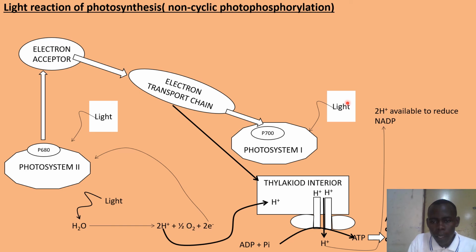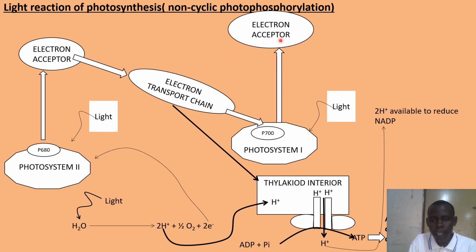When a photon of light strikes photosystem 1, the electrons within the centers of photosystem 1 are also excited and boosted to an even higher energy level, where they are accepted by another electron acceptor.